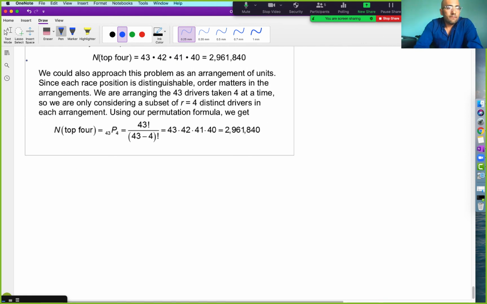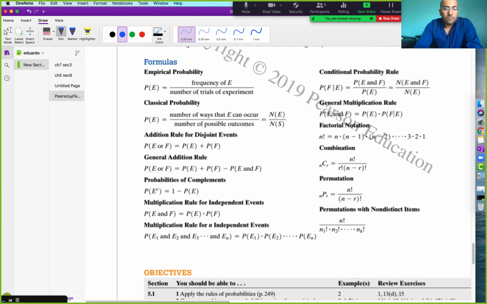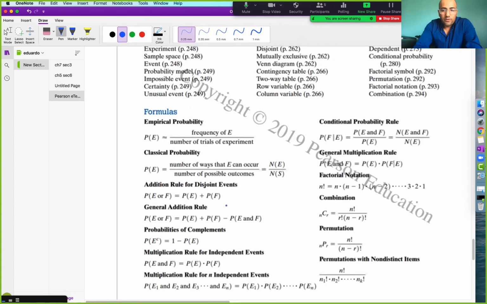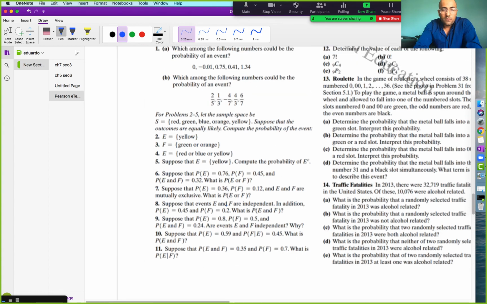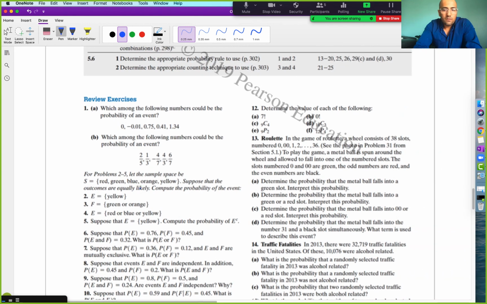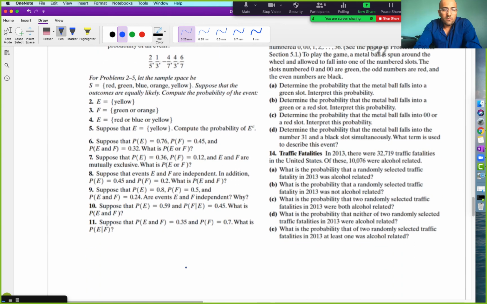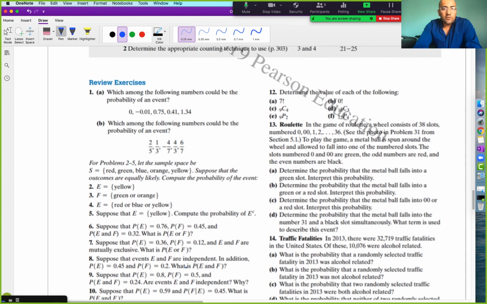Okay, let's try some of the example questions. These are the exercise questions at the end of chapter 6.